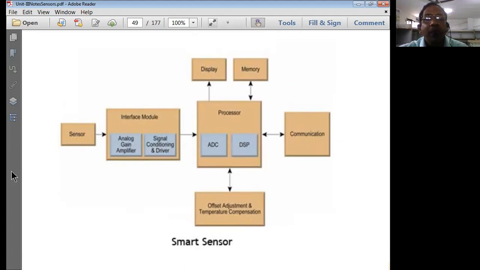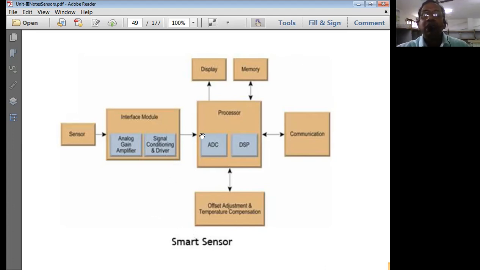Inside the interfacing module, there are signal conditioning units, drivers and analog gain amplifiers. This is connected to the processor, and the processor is connected to display units, memory units, communication units, and other offset adjustments and temperature compensation units.